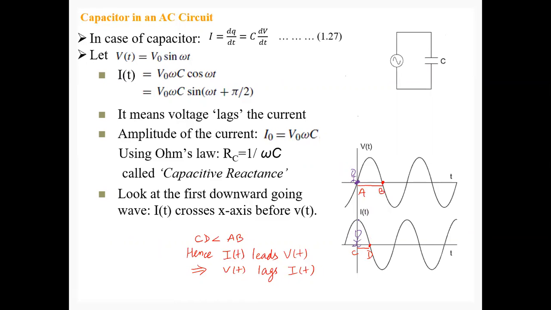This one is going down and touches the x-axis. And this also goes down and touches the x-axis. These two points are identical. Remember, I want to warn you guys, these guys are not identical. Because this point is also on the x-axis, this is also on the x-axis, but they are not identical.